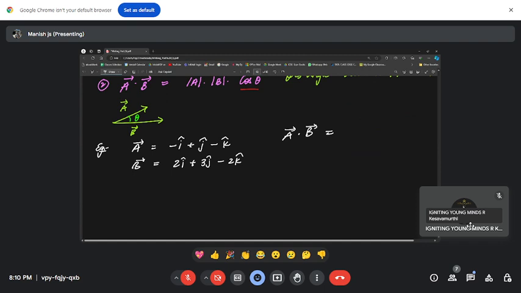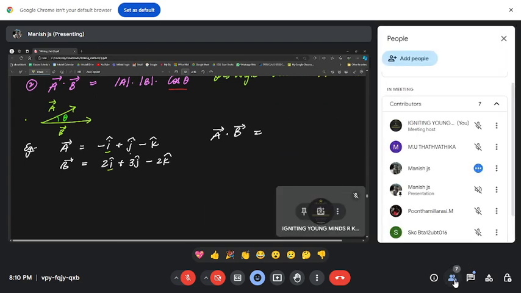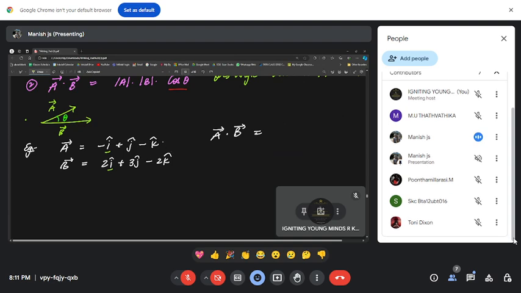So how will you find out the dot product of these two vectors? Fine. So what are we supposed to do? Look closely at the components of i, j and k in order. So how will you start writing the answer for this?